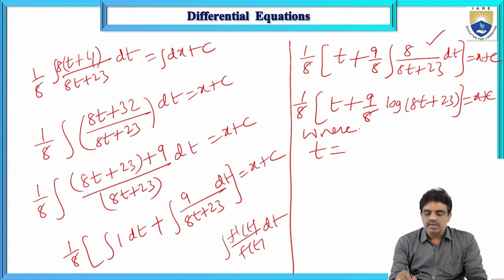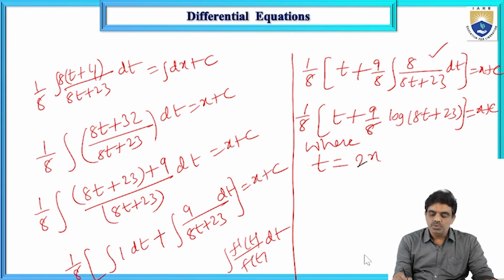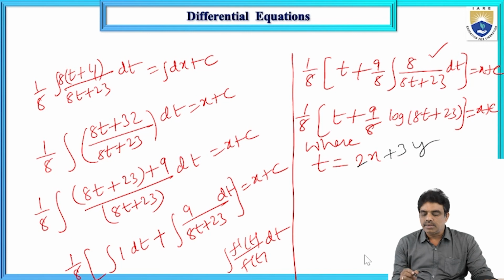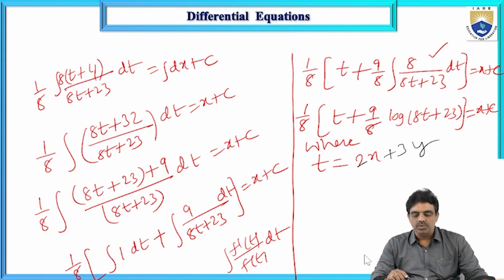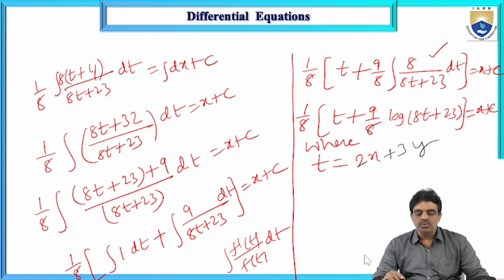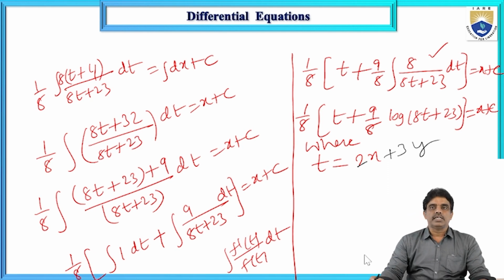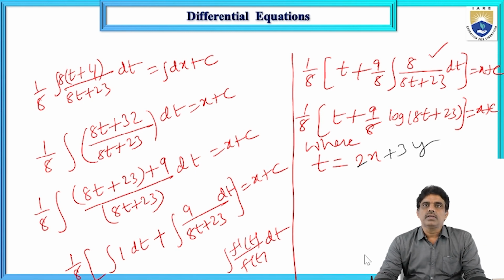So the solution is 1 by 8 into (2x plus 3y) plus 9 by 8 into the logarithm of (8 into (2x plus 3y) plus 23) is equal to x plus c. So this is the way of solving the non-homogeneous differential equation.